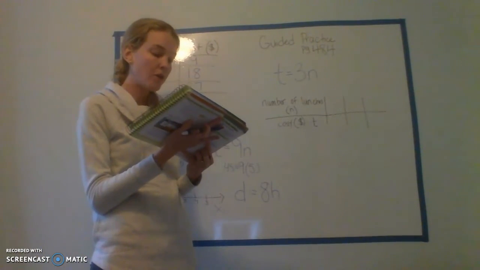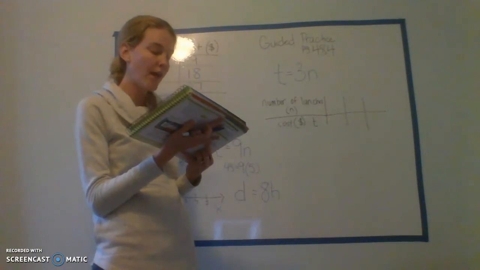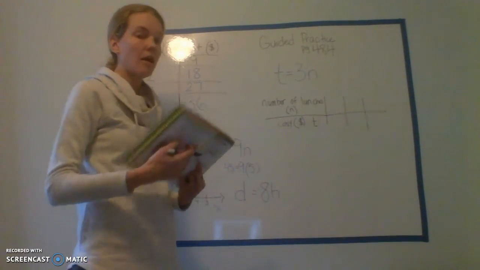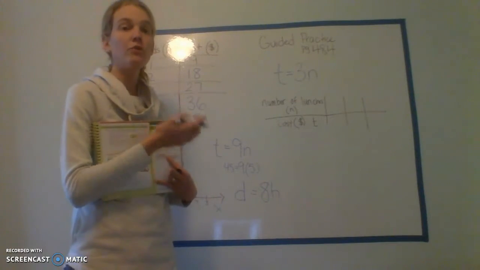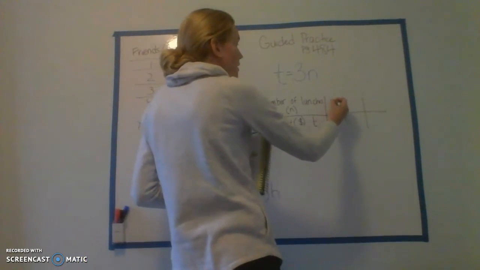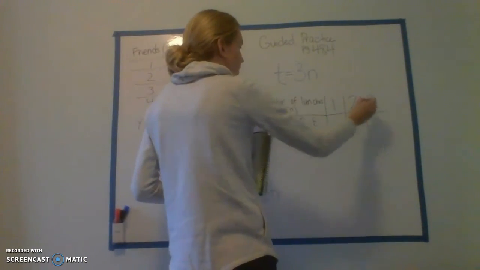Letter B, they want you to make a function table to show the relationship between the number of lunches, N, which is up here, and the cost, which is T. Now again, when you make a function table, you could choose any 3 numbers to start. For example, I'm just going to choose 3 easy numbers: 1 lunch, 2 lunches, 3 lunches.